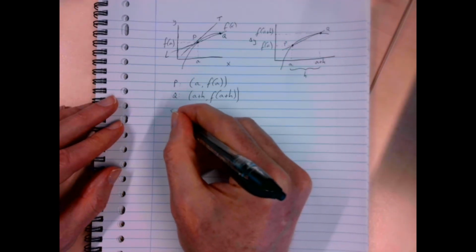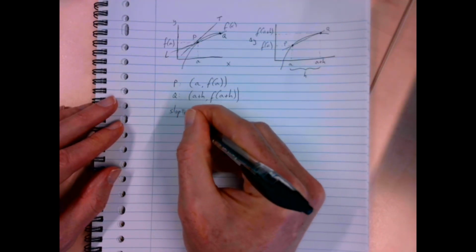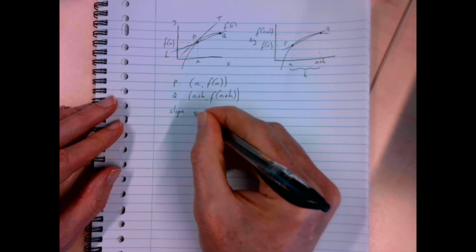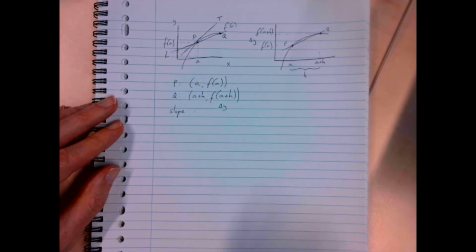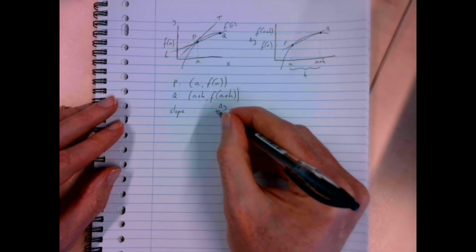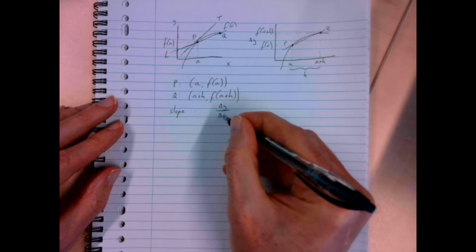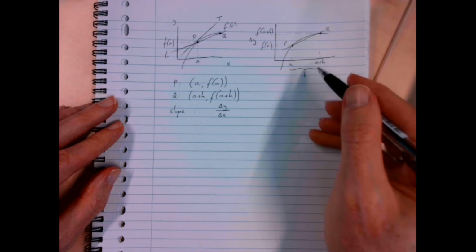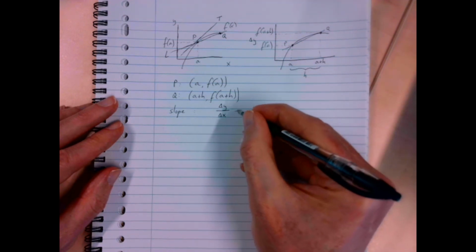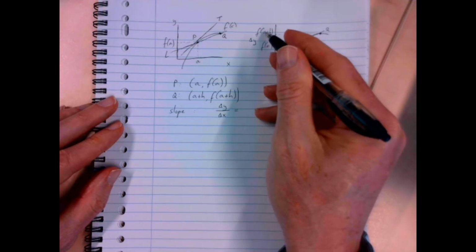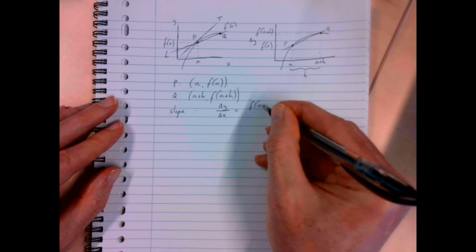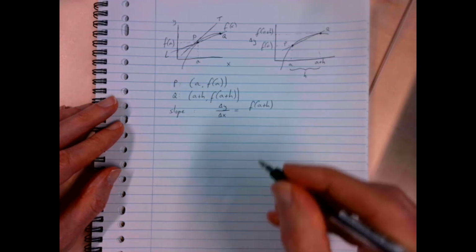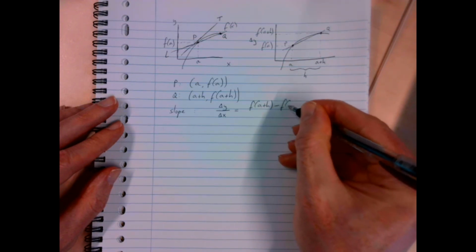So the slope of that line connecting P and Q was basically how much vertical movement do I make as I move in the horizontal direction. How much is that? Well, we can use that, right? So we know what the vertical movement is. It's f of a plus h minus f of a.